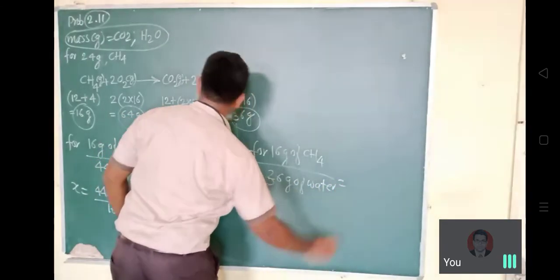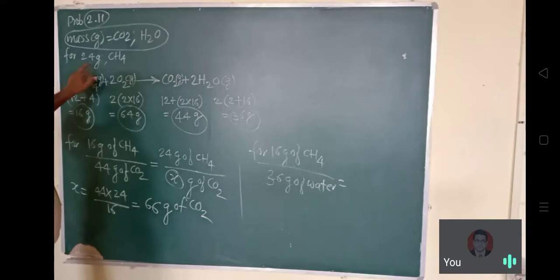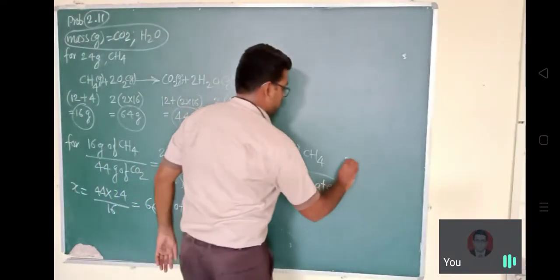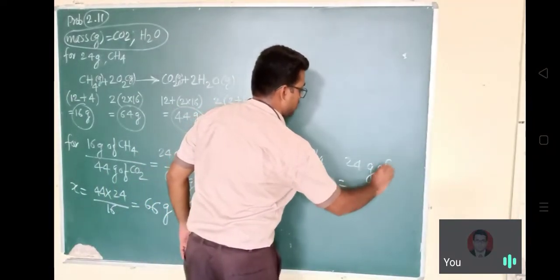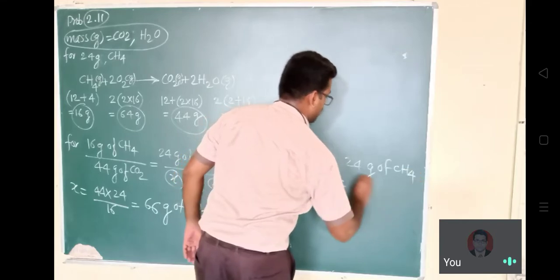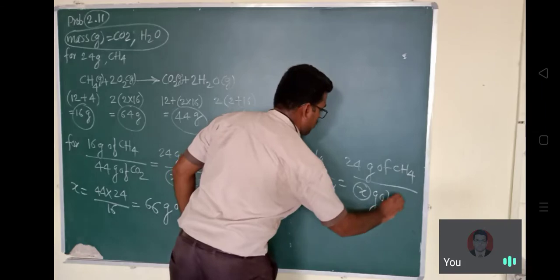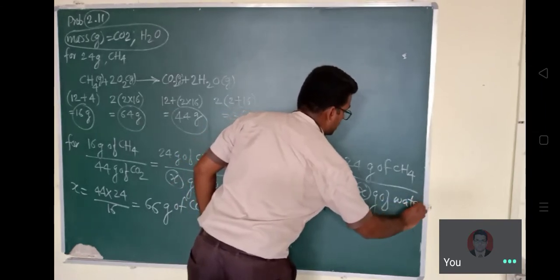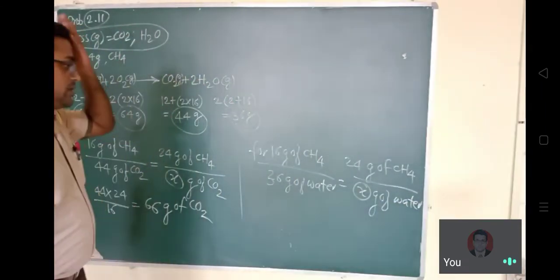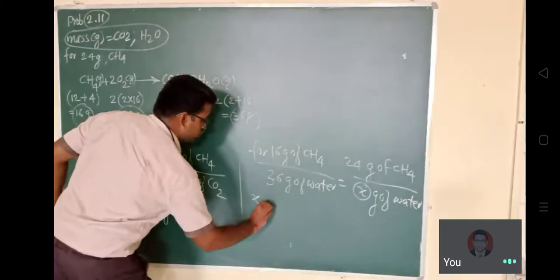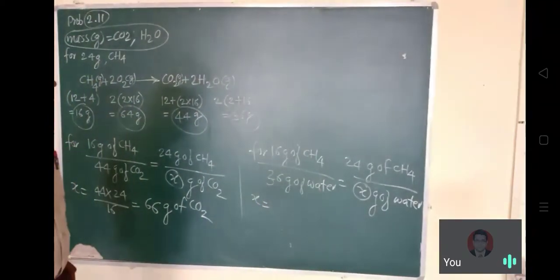So for 24 grams of methane, X gram of water will be produced, and this X can be found by solving this simple equation.